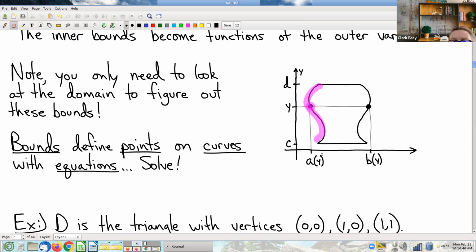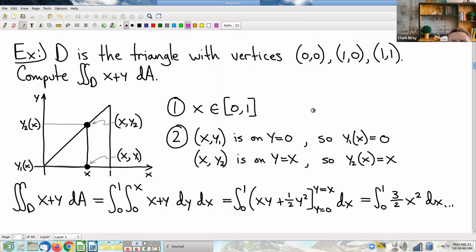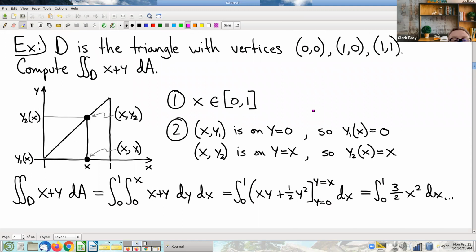Okay, and we did some examples last time, so real quick, this example here: we have x going from 0 to 1, for which a slice looks like this, right? And then the y bounds, if you want to know what's the range of values for y, well, y is going to start wherever that point is and end wherever that point is. And those points, respectively, are on, well, the lower point is on that curve, which has this equation.